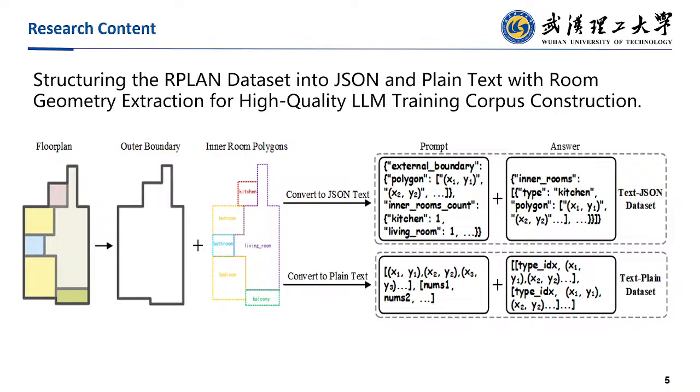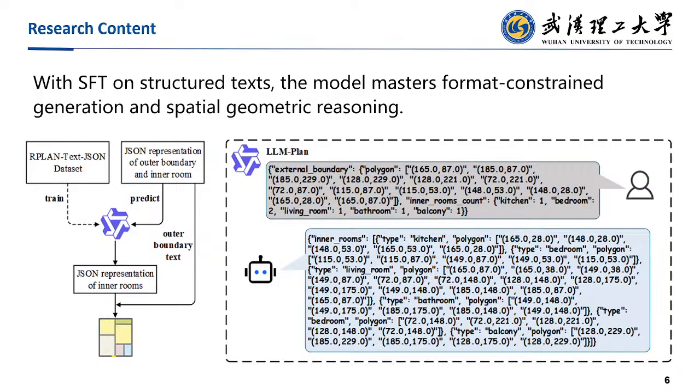We combine this kind of training material, and maybe there are other ways, so we try the JSON TXT and the plain TXT to see which one is better. Here we have this dataset, and this is the prompt. We use it to train a large language model, Qwen, which I will explain later.